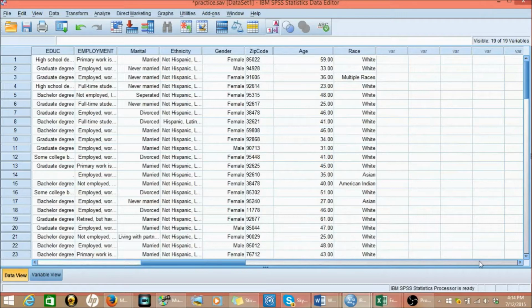So I can see it by subject. This first person was a 59-year-old white female in, I believe, an Arizona zip code, non-Hispanic, married, with a high school degree. So I can create in my mind what the subject was like, and I can do that for many of the subjects, and that's sort of what we do when we do descriptive data.